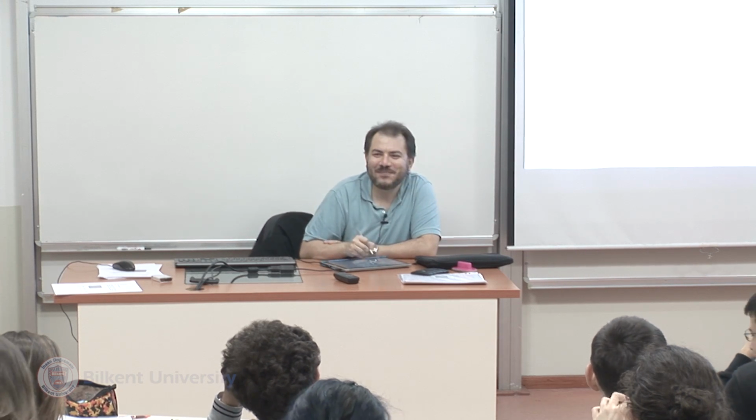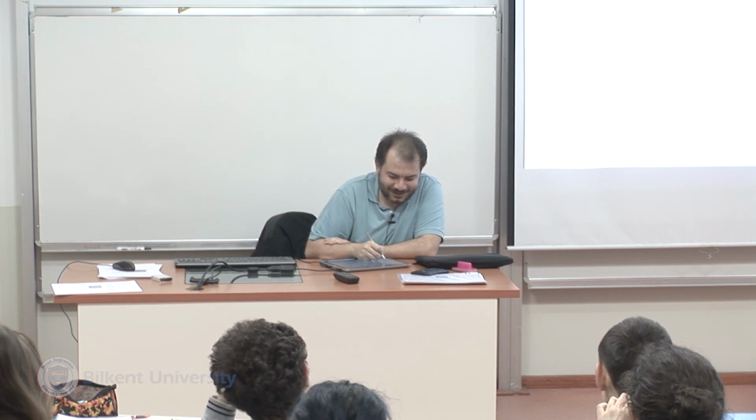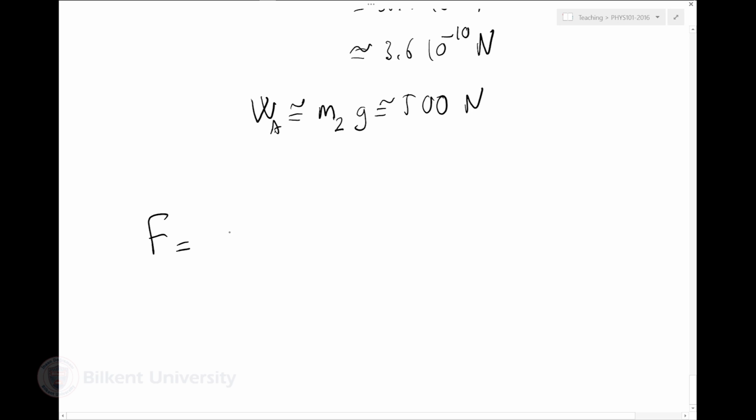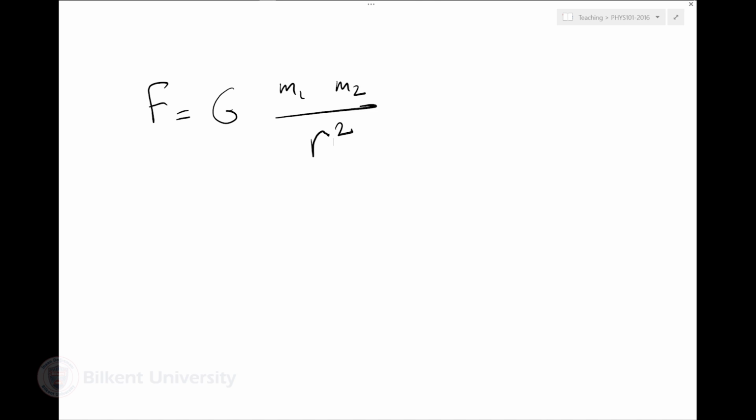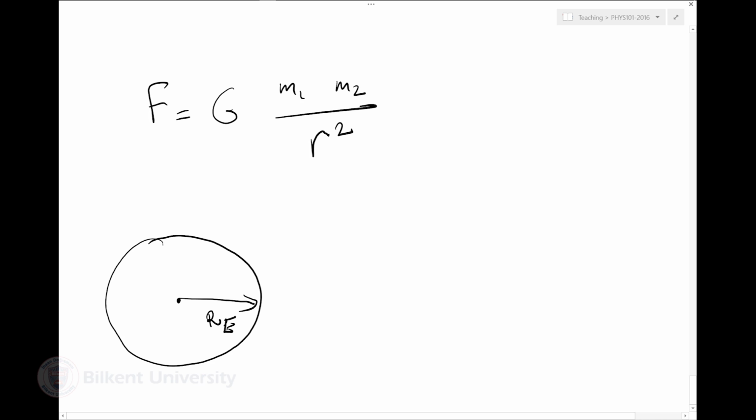So now, F is G m1 m2 over r squared, we said. And here's the thing. Why don't we observe this 1 over r squared behavior? I said I'm on the surface of the Earth. So let's say this is our Earth's surface, and this relation is correct for spherical distributions.